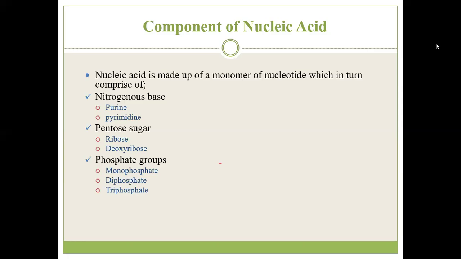We call it a polymer. So nucleotide reacts with another nucleotide, and another, until you have a very long chain of nucleotides called a polynucleotide. And this polynucleotide is what we call the nucleic acid.